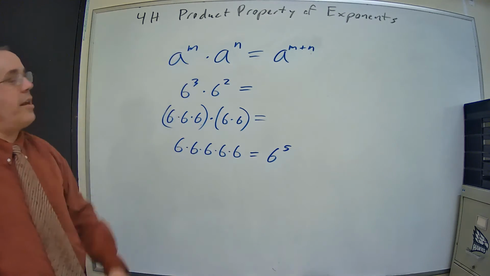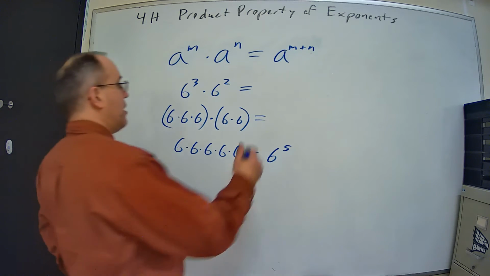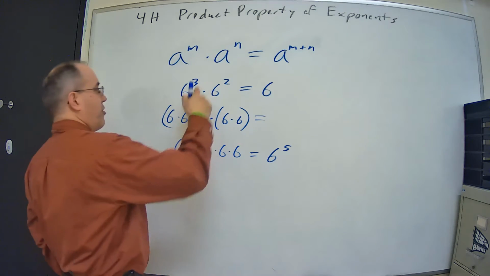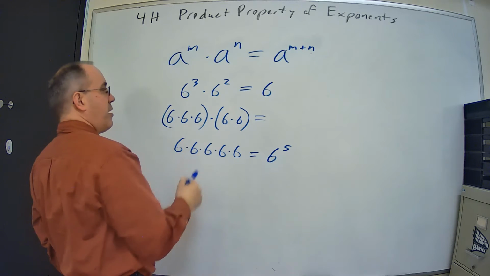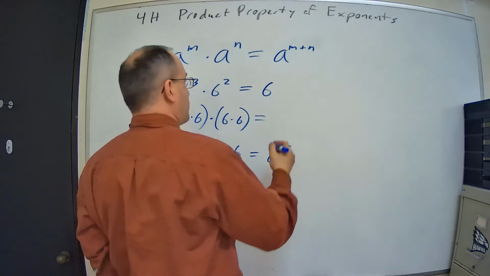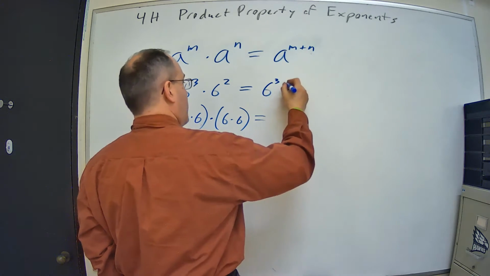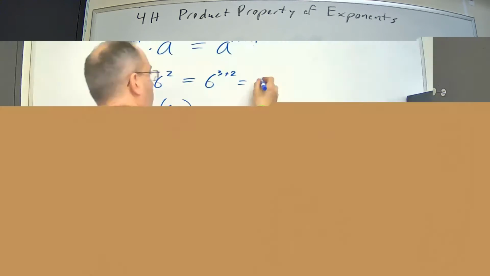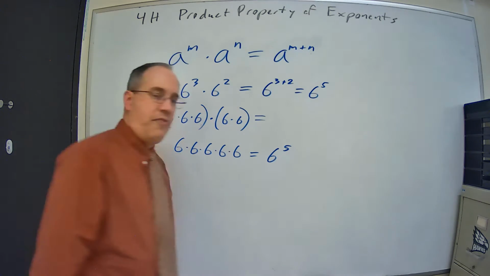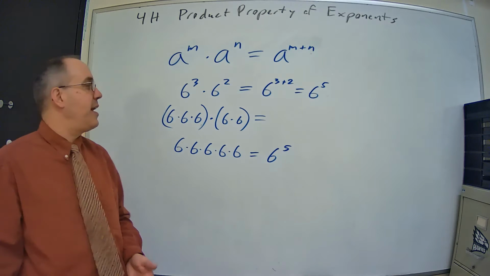Well, what does the product property of exponents say? It says that 6 to the 3rd times 6 squared is equal to 6 to the 3 plus 2, or 6 to the 5th. That's all it's saying.